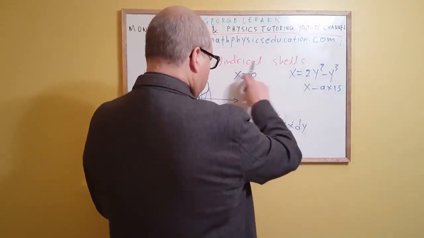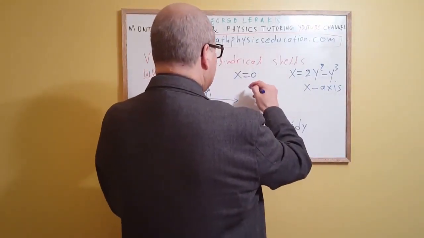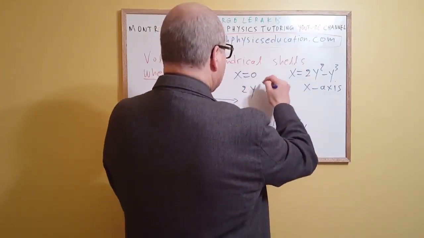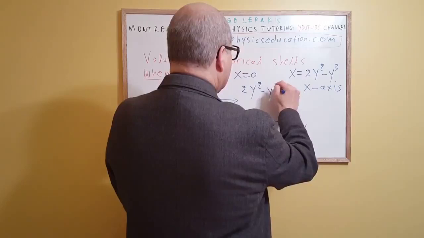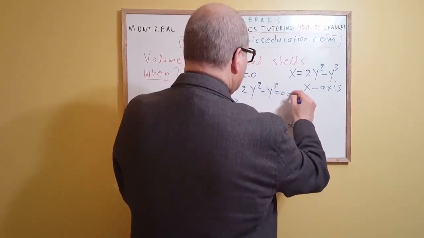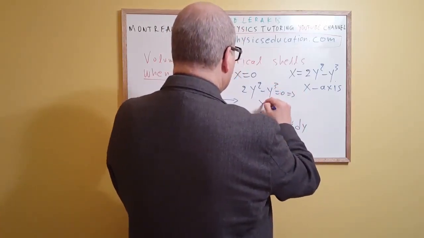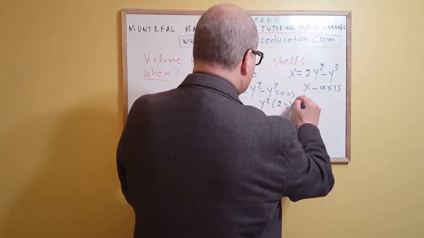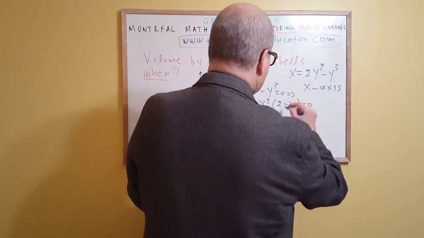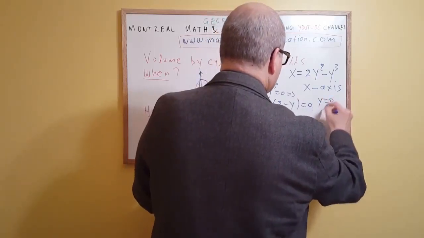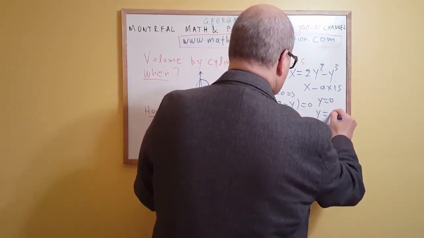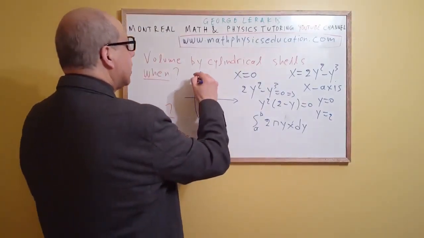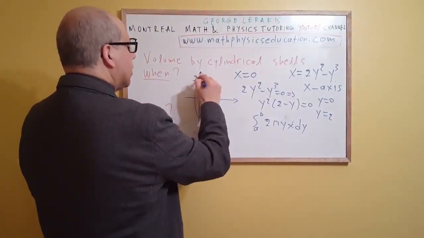So if you solve this system, you set 2y squared minus y to the third equal with 0. If you take y squared as a common factor, you have inside 2 minus y equal with 0. So either y is equal with 0 or y is equal with 2. So this here is the origin, and this point here has y coordinate equal with 2.